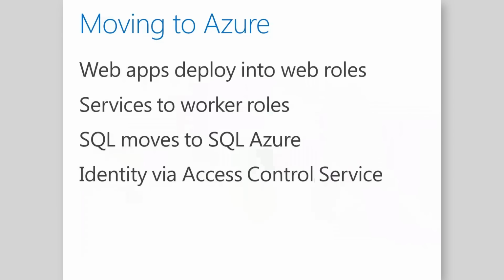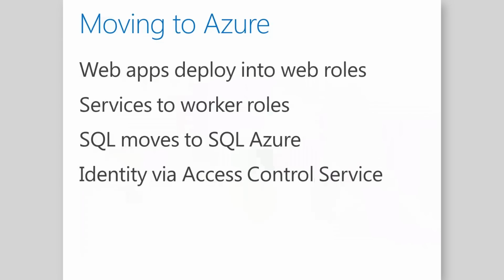Now I've got a little asterisk there because exactly is an interesting concept. There are a couple of things that SQL Azure does differently, and you need to be careful of expecting SQL Azure to work identically. One of the things that doesn't work identically is if you're using SQL CLR, that apart from the system SQL CLR data types, SQL CLR doesn't work in SQL Azure. That's the first one. The second one is that SQL Azure only uses SQL authentication.